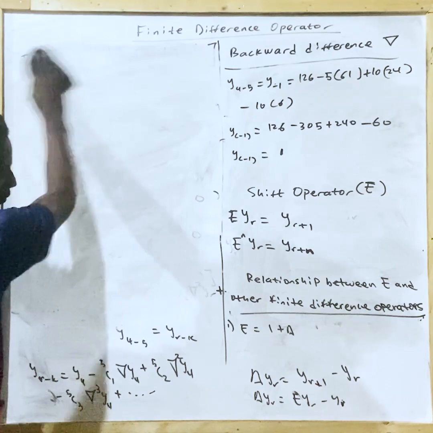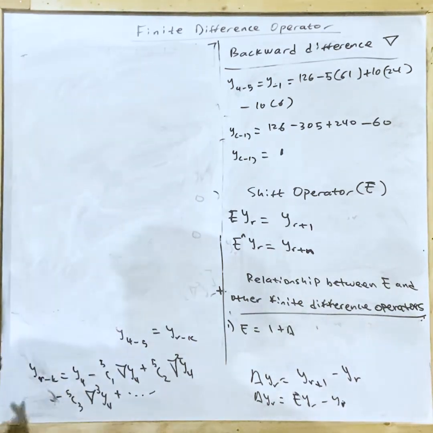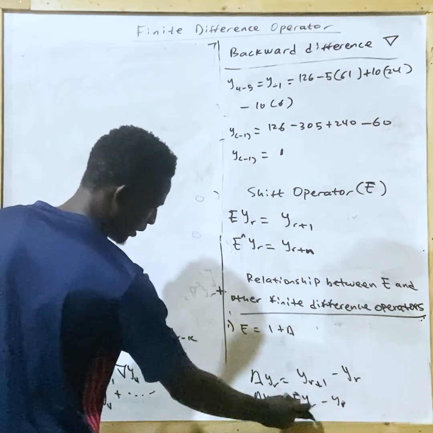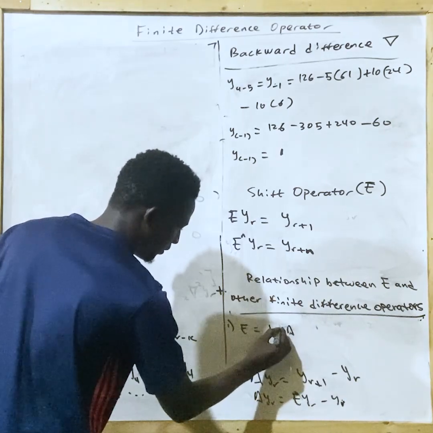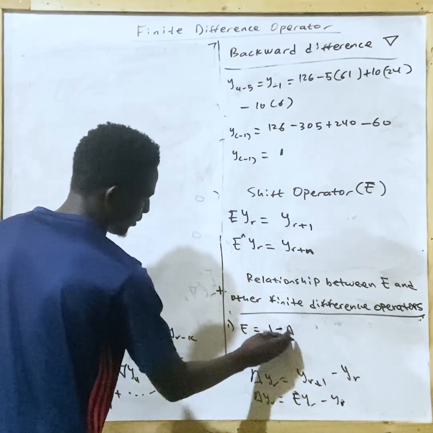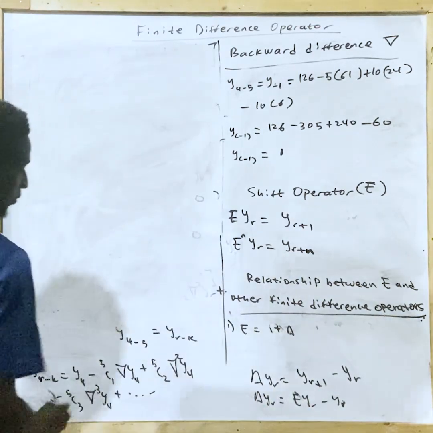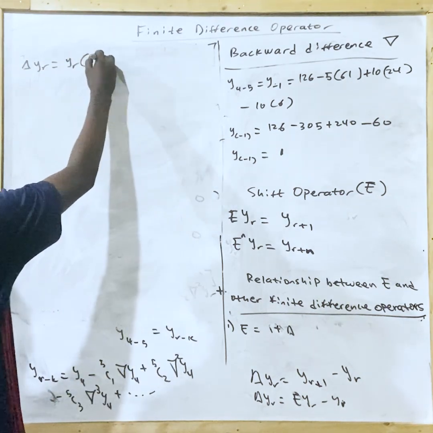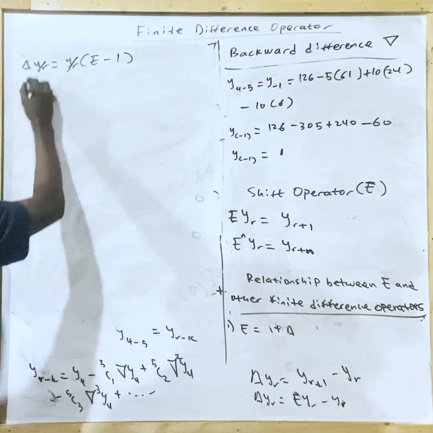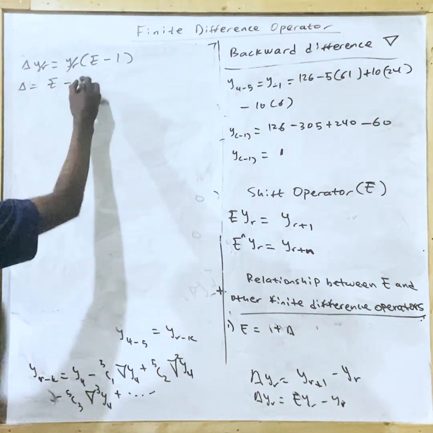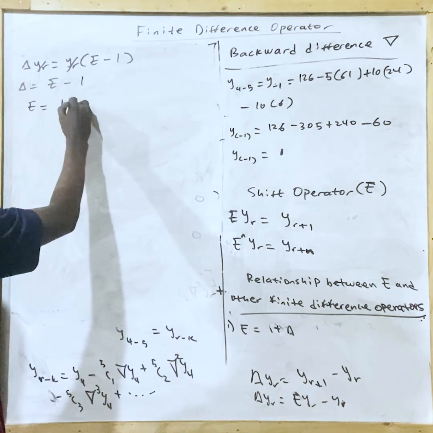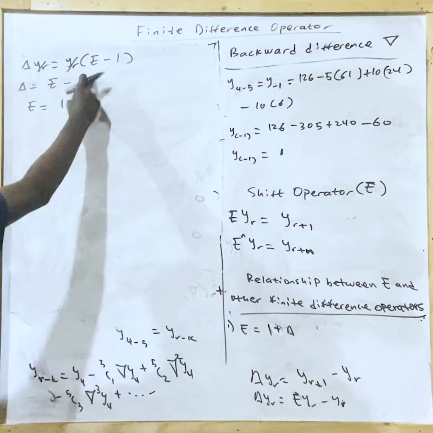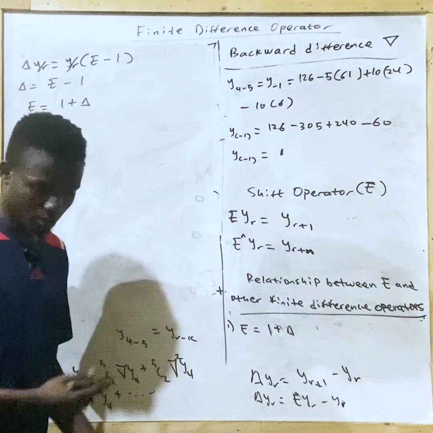This means that if you factor out yr, I have forward difference of yr equals yr into brackets E minus 1. Yr can cancel yr, so forward difference should be E minus 1. So yes, E equals 1 plus forward difference. That's correct. So this is the first relationship.